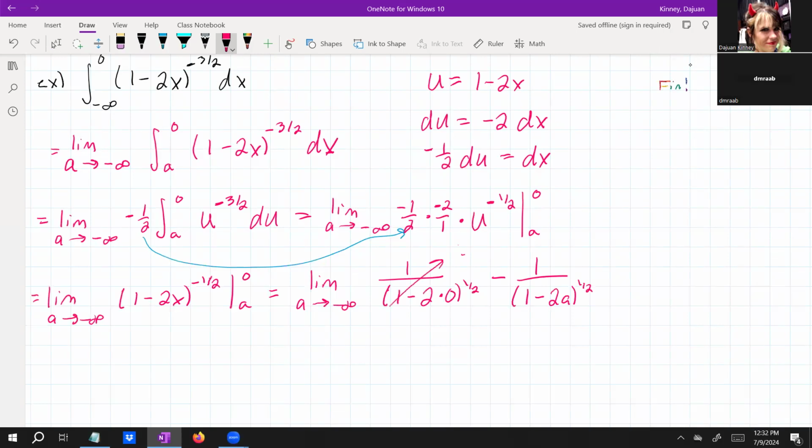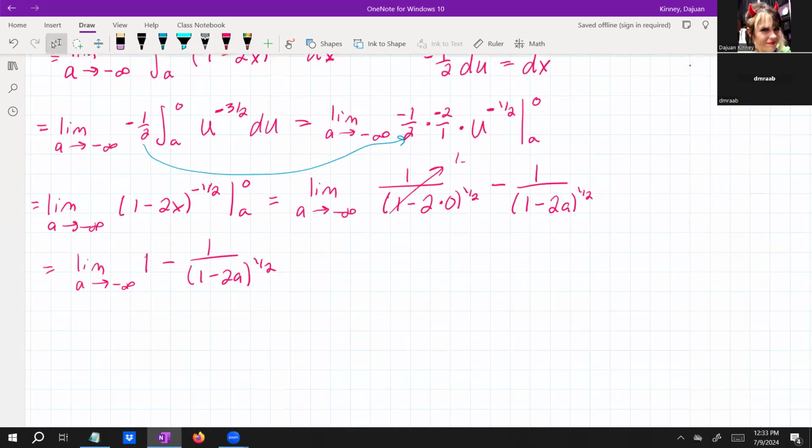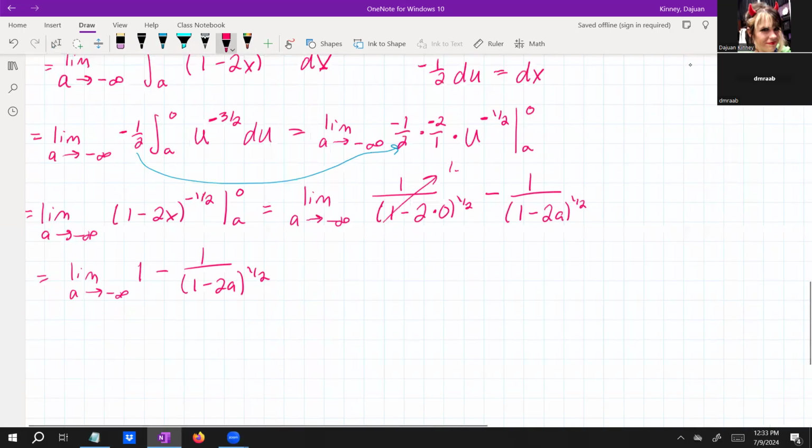This just goes to 1. Okay, we're going to plug in negative values that get really, really big. So my denominator gets really, really big. So this should just give us, that goes to 0, we just get 1. And that's our final answer.